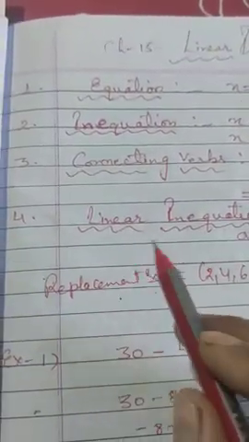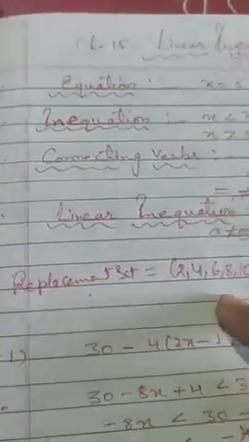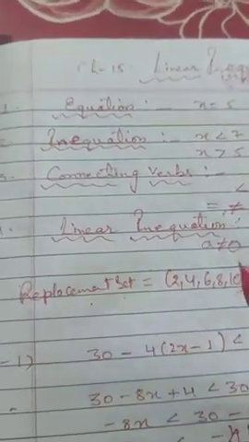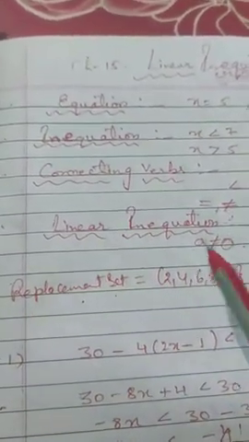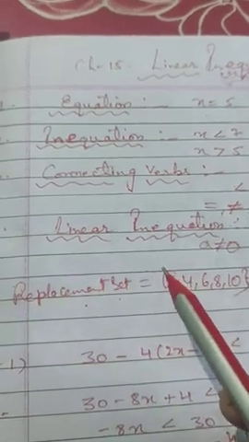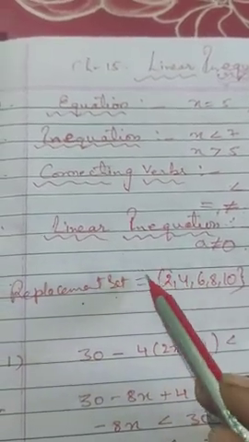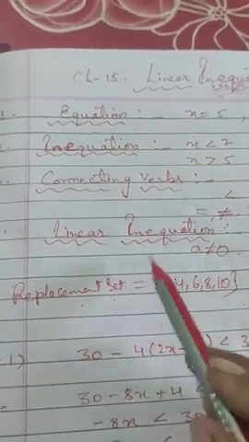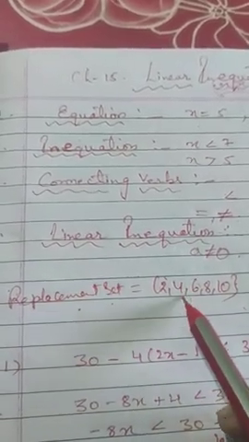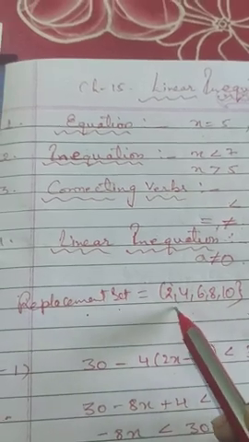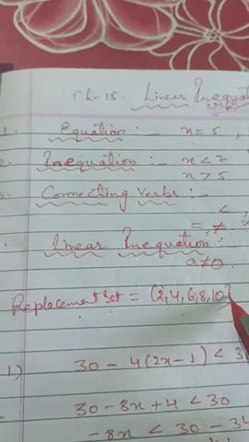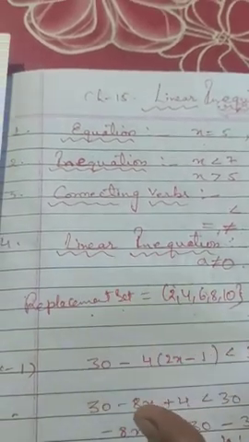Universal set means all the numbers present in this set. Or you can say in a linear inequation, the set from which the values of variable x are chosen is the replacement set. The values of variable x are chosen from 2, 4, 6, 8, 10, right? So this is the universal set, children.